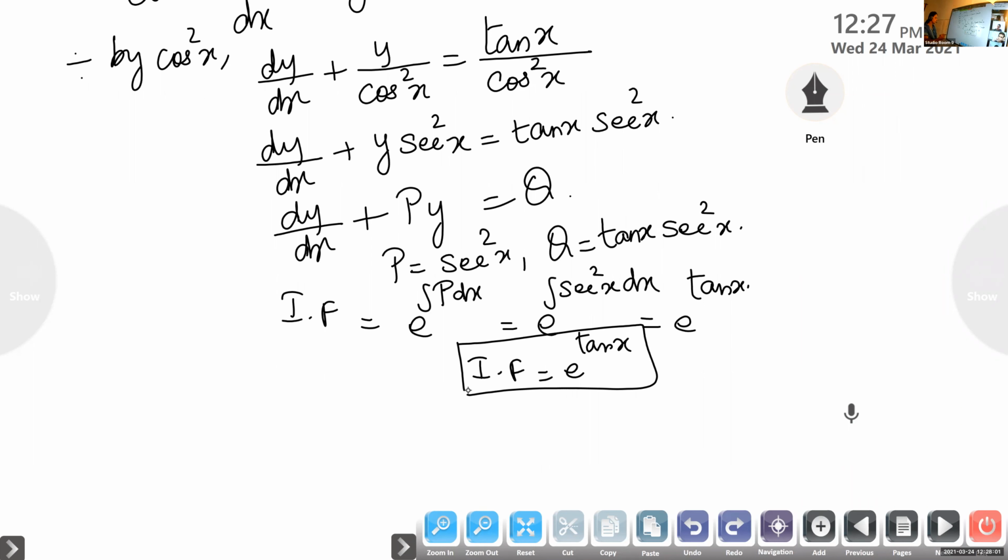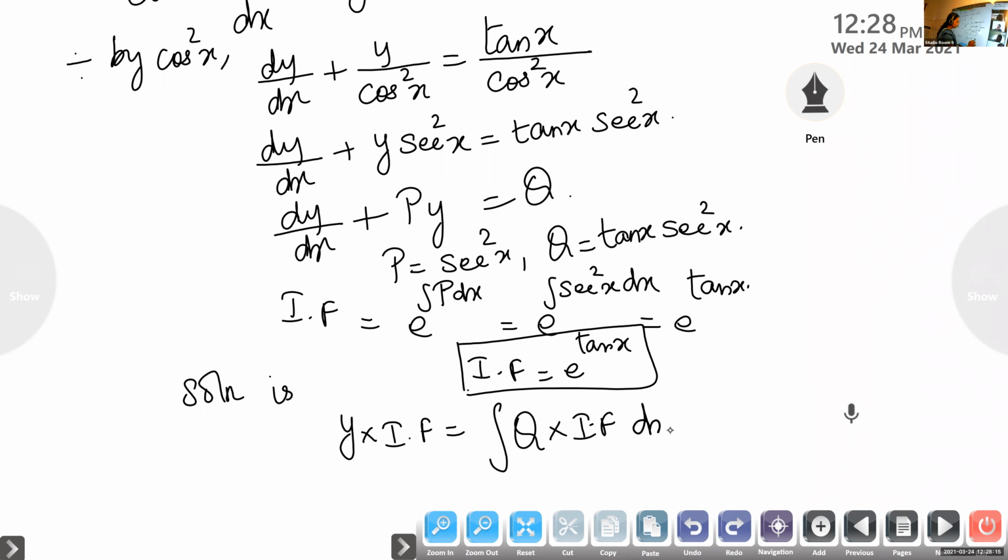Now we have to find the solution. The solution is y into integrating factor is equal to integral of q into integrating factor into dx plus c.